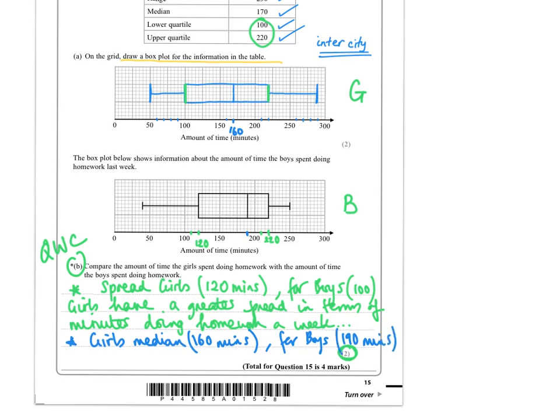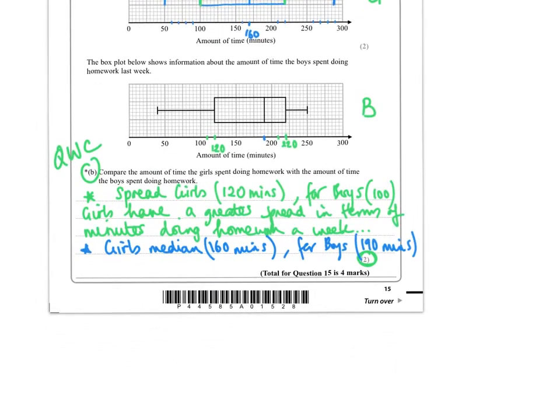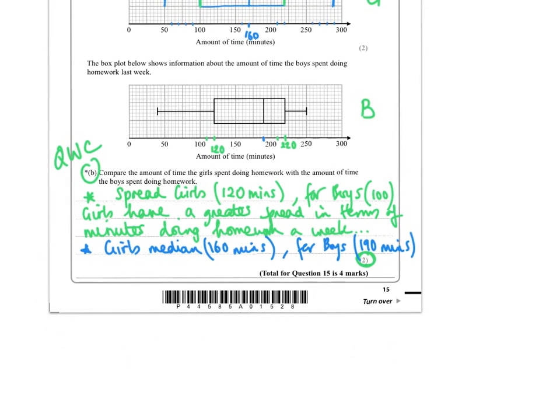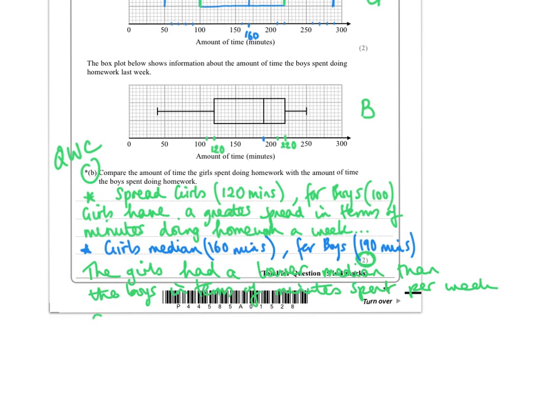So from that, you can then say that the girls had a lower, sorry for writing over this, a lower median than the boys in terms of minutes spent per week doing homework.